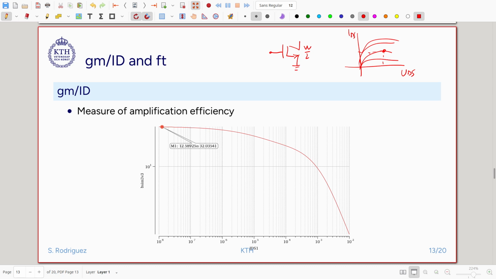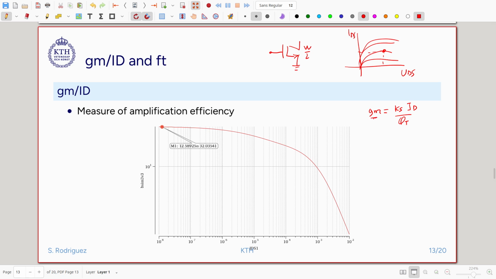For the first one, we have that the transconductance, as we saw before, in weak inversion is equal to Ks multiplied by the ID divided by the thermal voltage.